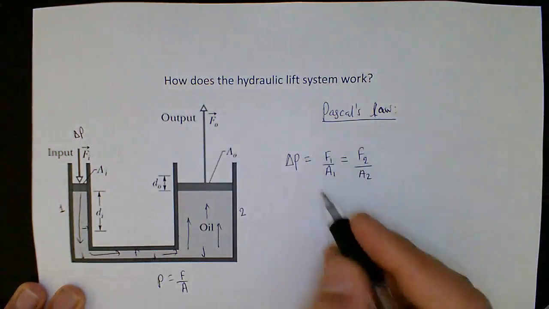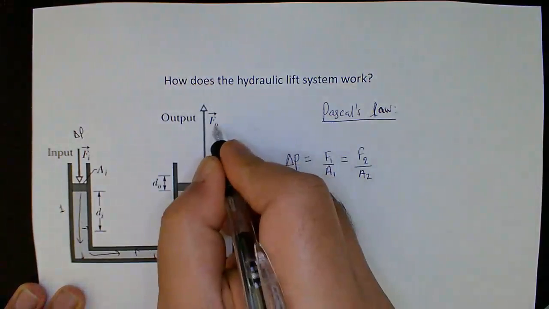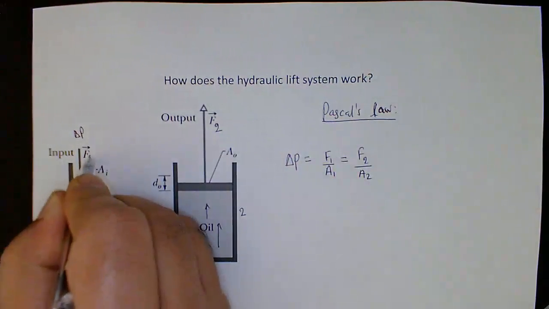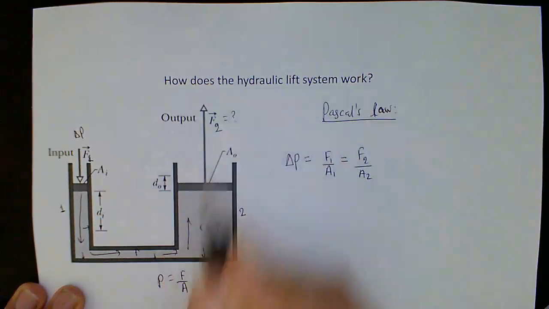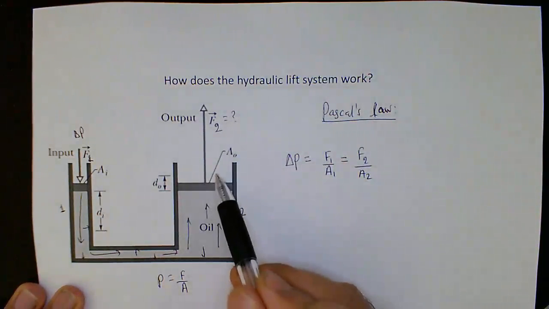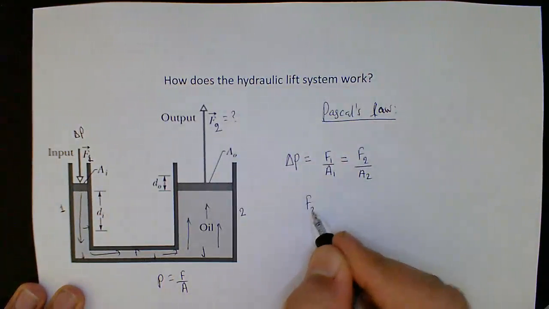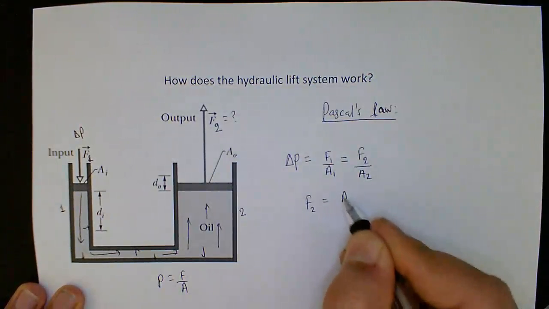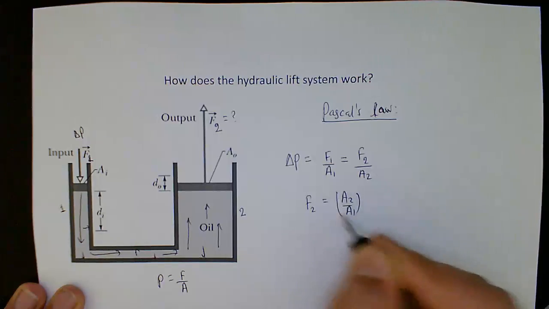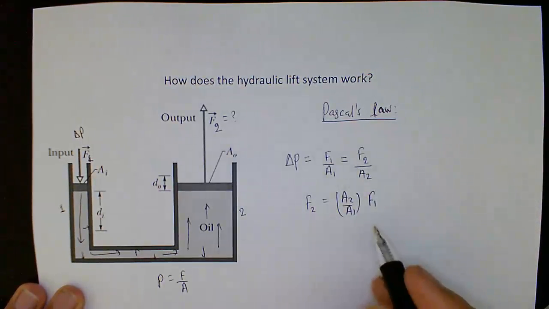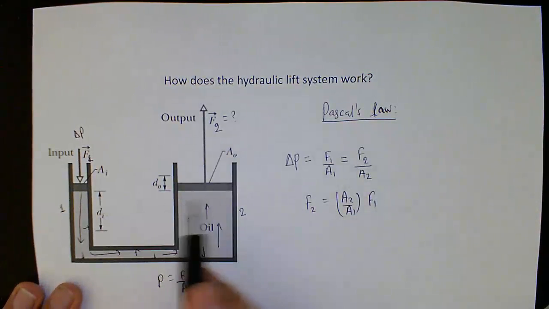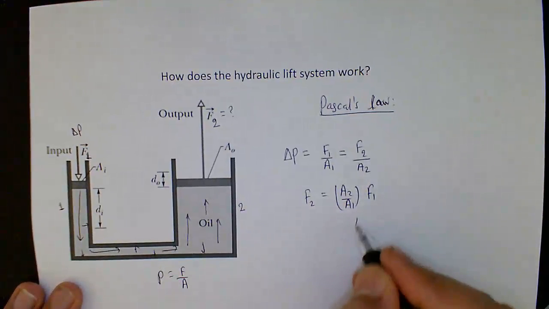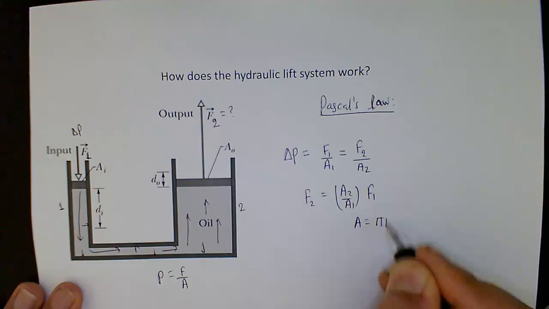Since they are equal, let's say this is F1 and F2. We would like to find how much force will be generated here. So let's find out. F2 is equal to A2 over A1 times F1. But since these are circular cylindrical tubes, area is pi r squared.